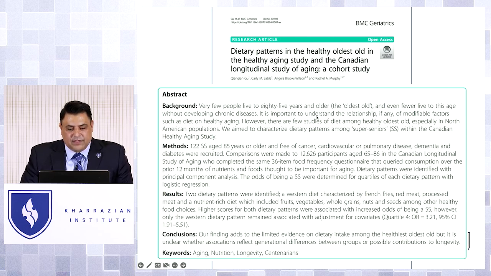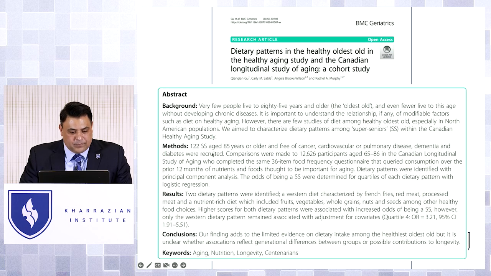It's important to understand the relationship of modifiable factors like diet to healthy aging. However, there are few studies of diet among healthy older adults, especially in North American populations. They aimed to characterize the dietary patterns of super seniors in the Canadian cohort. So basically, they're looking at people who are 85 years old and don't have disease yet.